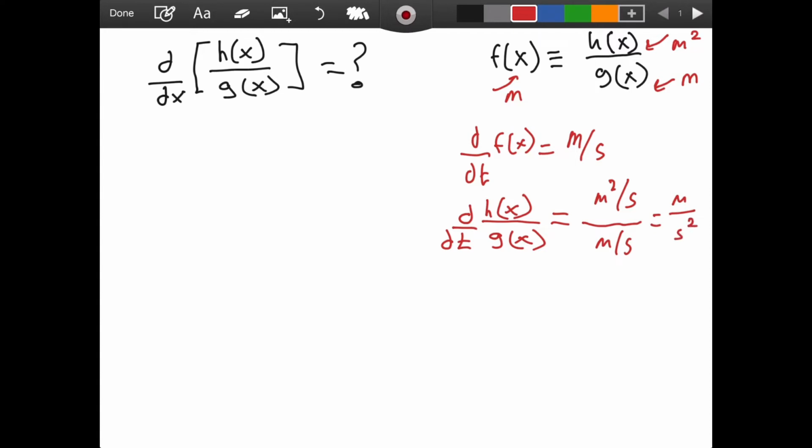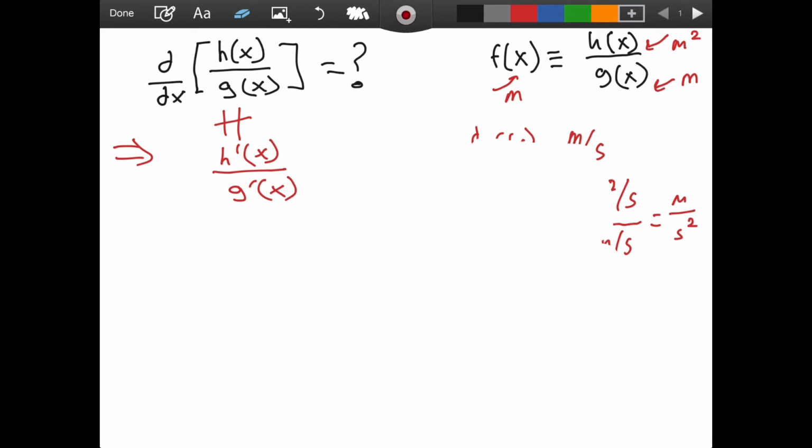So clearly, even the units do not work, which shows us that this is not equal to the quotient of the derivatives. We just cannot do this, and we were able to see a reason why we can't do it by a consideration of the units. So let's do it the right way.